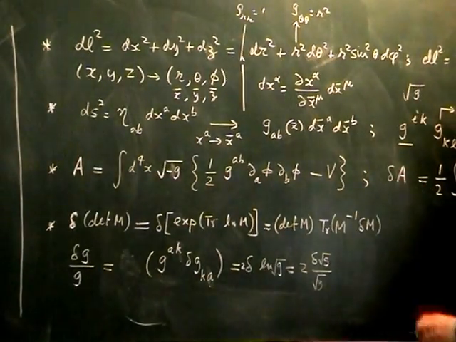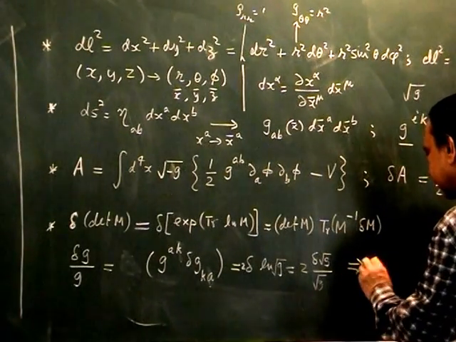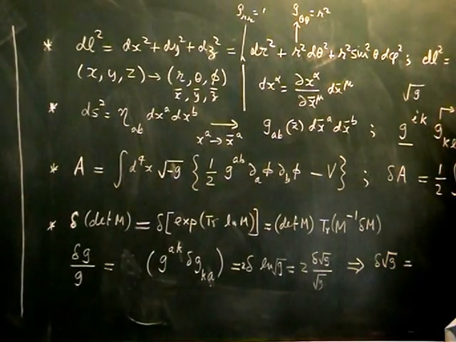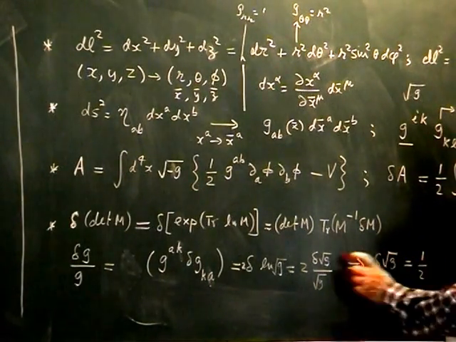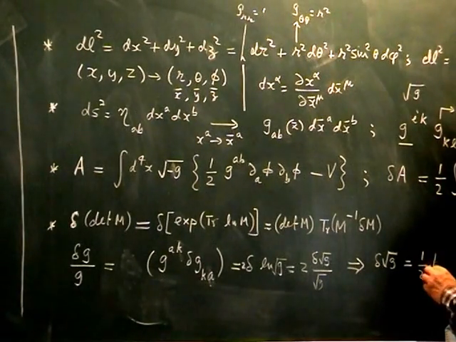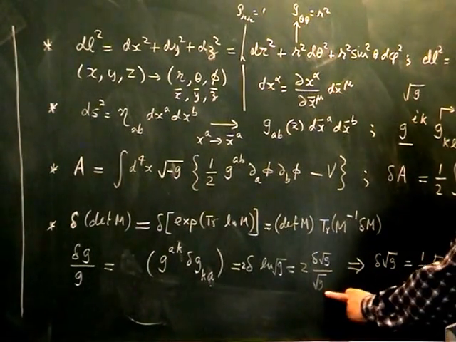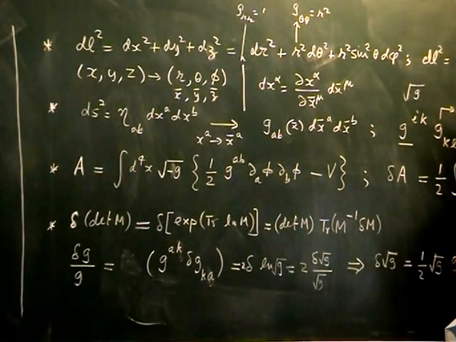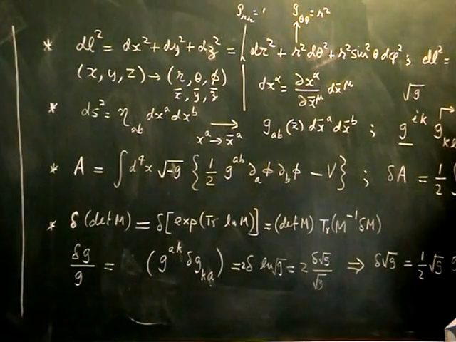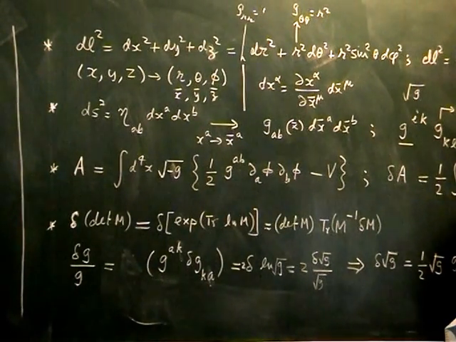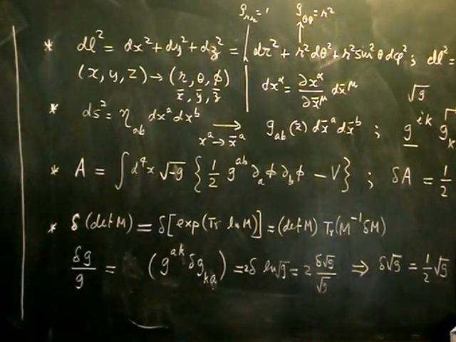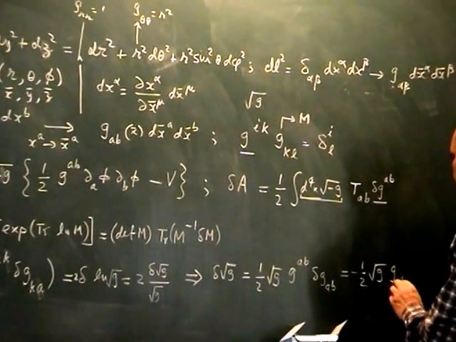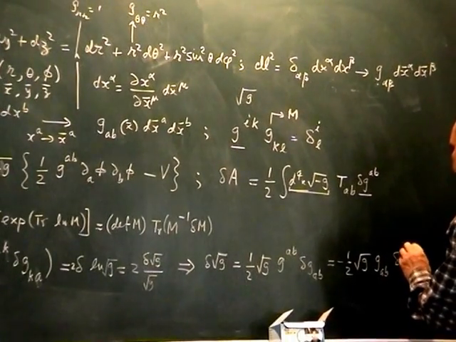Therefore we get the result that delta of root G or root minus G is half, this 2 goes and sits at the other side, square root of G, this is from this, then I have a G_AB delta G^AB, which is also the same as minus half root G, G^AB delta of G subscript AB.